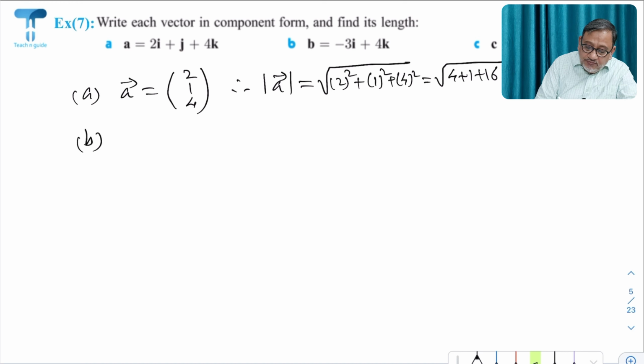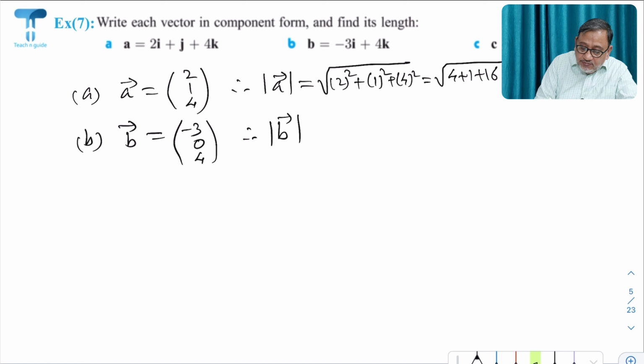Then B part, vector B in component form. Look here, there is I, so minus 3. There is no J here, see? So J will be 0. And there is 4K, so 4 will be the Z component. So therefore magnitude of B. If any component is absent, you should write it as 0, okay?